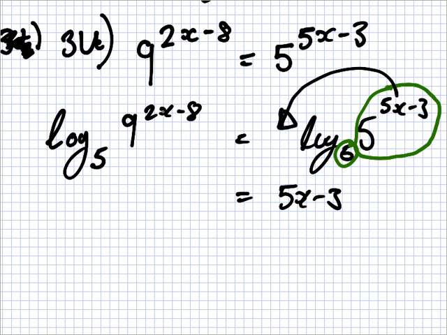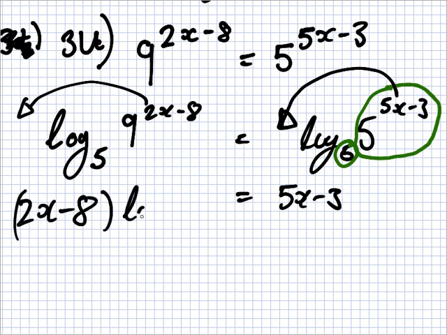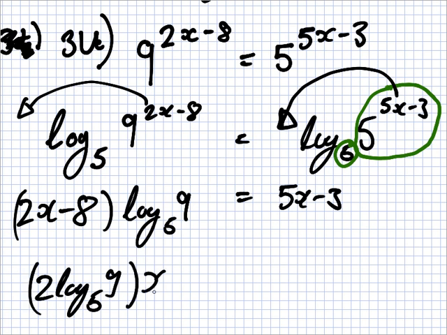And then do the same thing here, you can take that guy down in front, so you get 2x minus 8, log 5, 9. So you can get 2 log 5, 9, x minus 8 log 5, 9. You can all see what's kind of going to happen here.